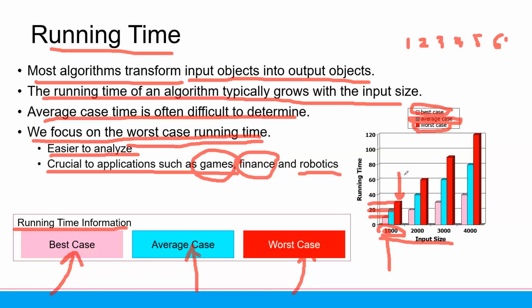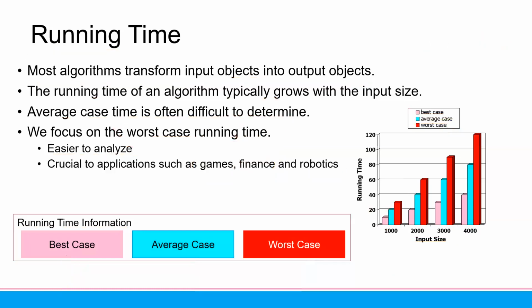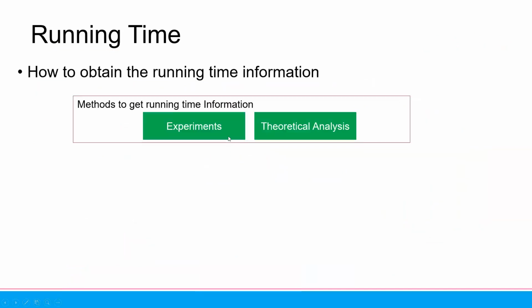So we call this the analysis of the running time with the worst case. What is the worst case scenario? What is the worst case performance time? And when we check the running time, we can check based on these two important things. The first, you can look at your experiments.